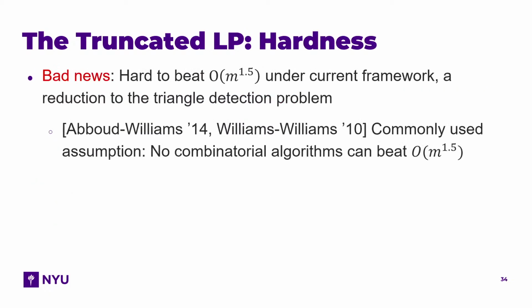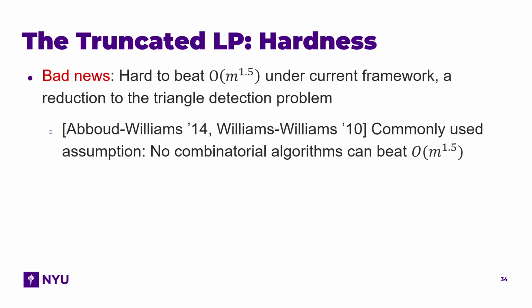So the bad news is, if you want to find even one triangle, even if you just want to make one very tiny bit of progress, it's very hard to beat order m to the 3/2 under the current framework. We show a reduction to the triangle detection problem.